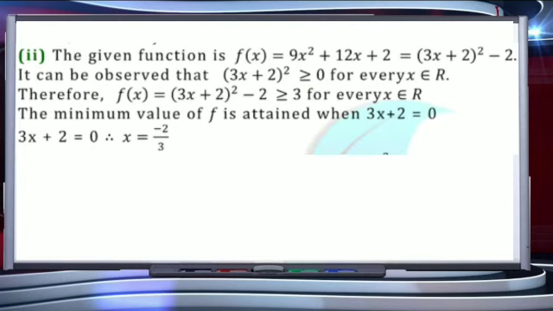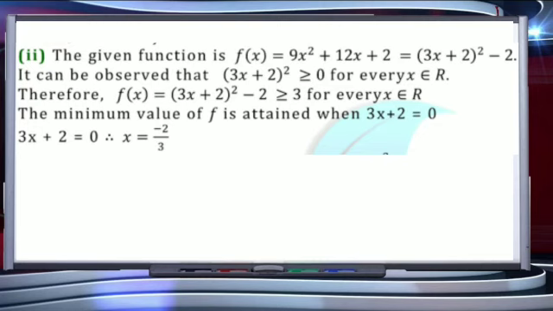Next, the second part: the function is given by 9x square plus 12x plus 2. Students, again similar to the first part, first we will complete the square, using the completing the square method that you already know, that we did in class 10 also. So 9x square plus 12x plus 2 reduces to (3x plus 2) whole square minus 2.